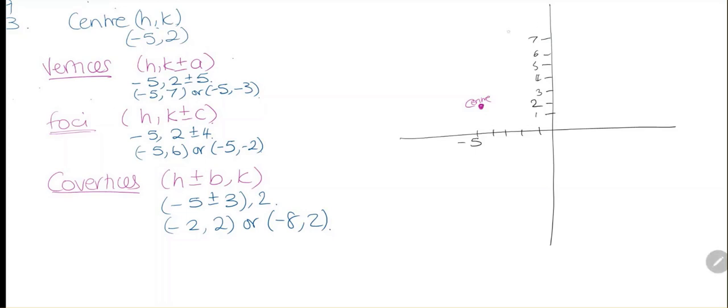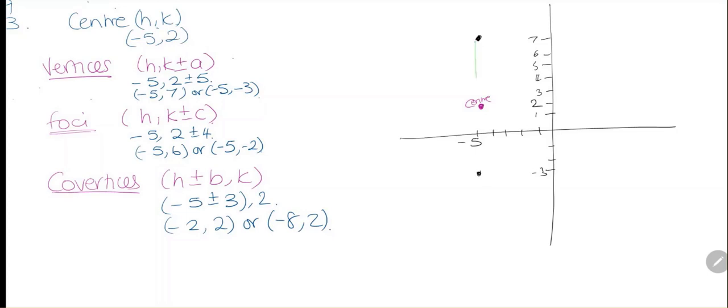So minus 5, 7 is here, roughly. And then we have minus 5, minus 3. So 1, 2, 3, minus 3. So that is here.